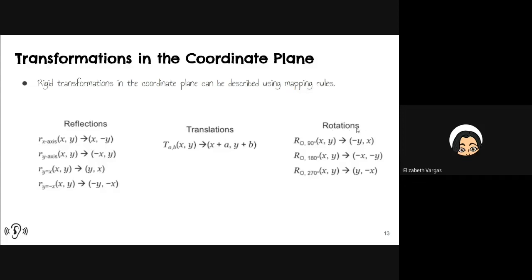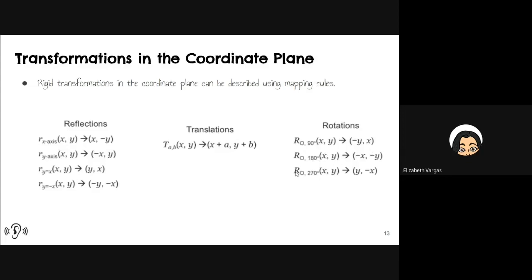Our rotations tell us what rotation we've had about the origin, and how many degrees. So if we have a rotation about the origin 90 degrees, we take our original coordinates and complete this mapping rule. If we have a rotation about the origin 180 degrees, we take our original coordinates and complete this mapping rule.